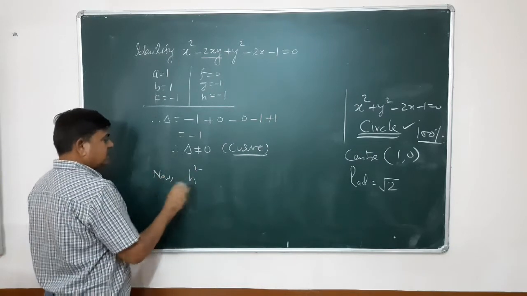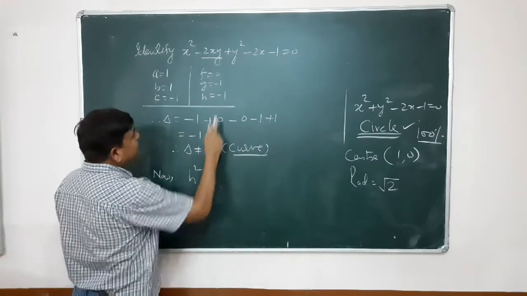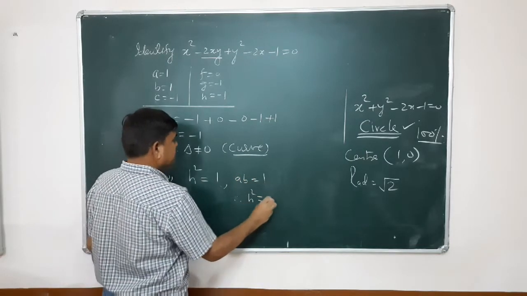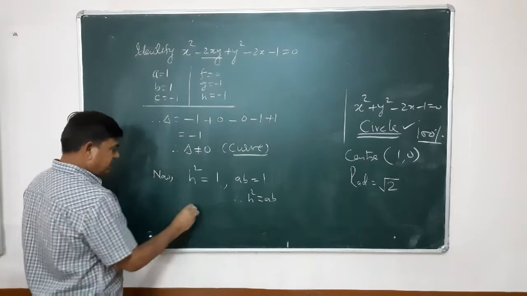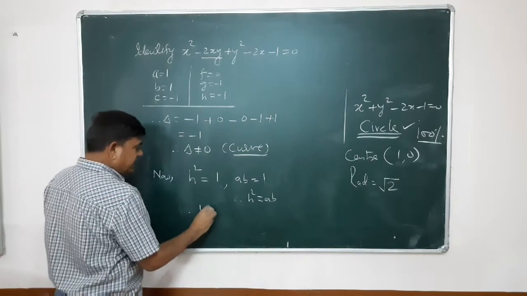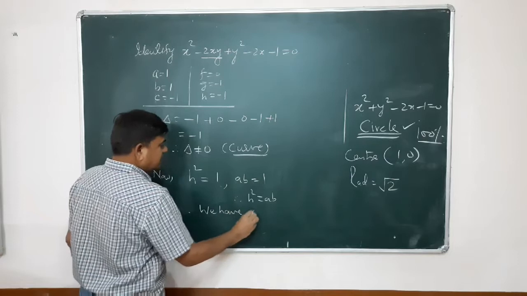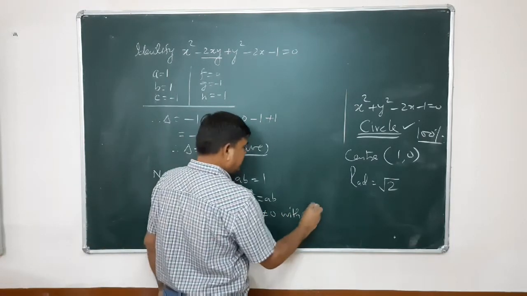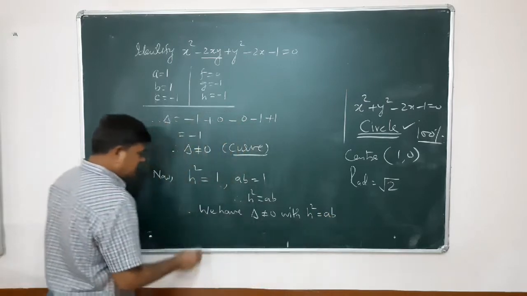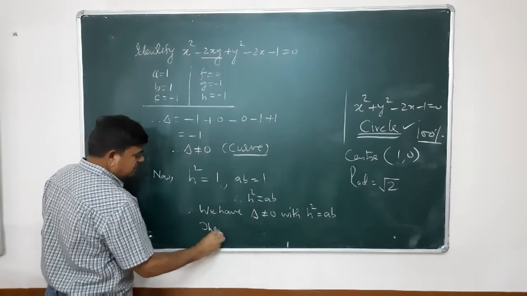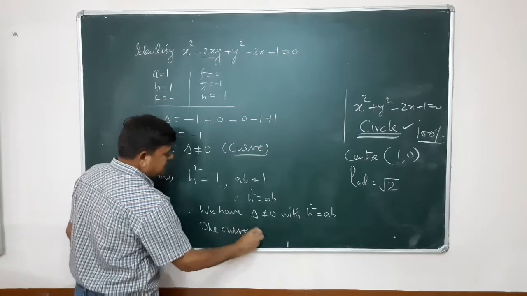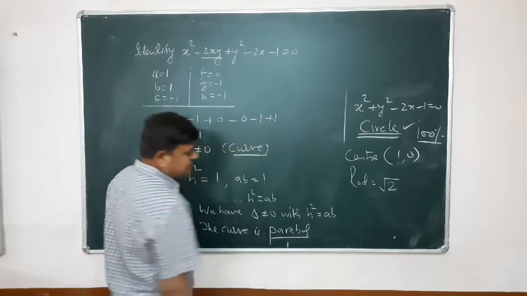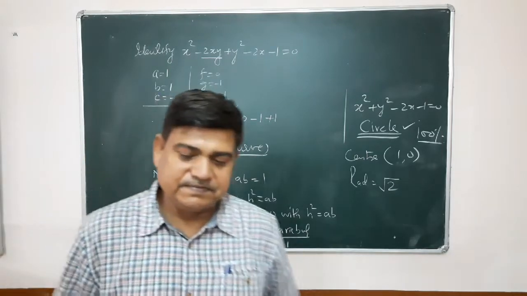Now, h square equals 1, AB is also 1, therefore h square equals AB. Therefore, we have delta not equal to 0 with h square equals to AB. So the second degree curve is, yes, a parabola.